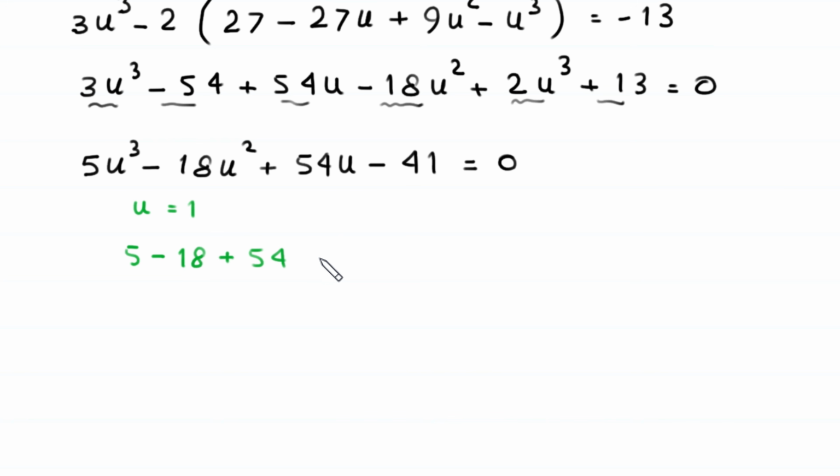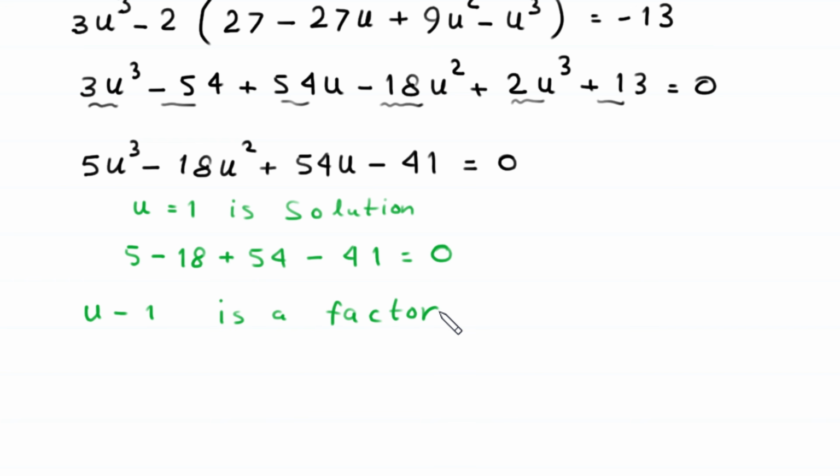This negative 41, negative 41 equal to 0. This is true, which means that this u is equal to 1 is a solution of this cubic equation, which also means that u minus 1 is a factor of this cubic equation.